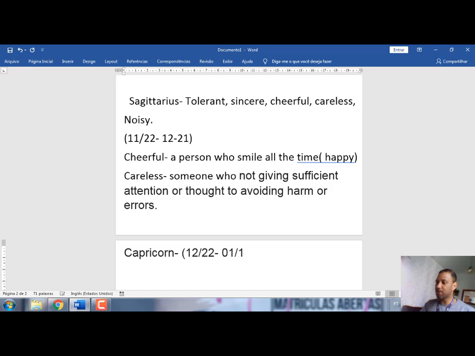So the person who was born on April 19th is probably Aries. And guys, pay attention, think about it. Do you know someone who is Aries? Do you know someone who was born in this period?